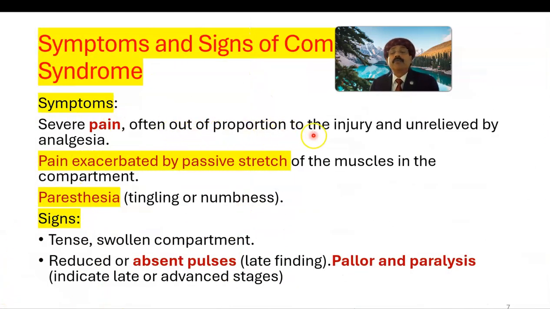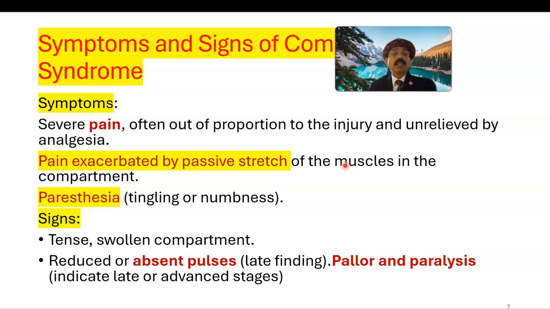Severe pain is often out of proportion to the injury and unrelieved by analgesia. Suppose there is an injury to the upper part of the lower leg, then dorsiflexion and plantar flexion will cause severe pain. Pain is exacerbated by passive stretch of the muscle in the compartment, like plantar flexion or dorsiflexion.